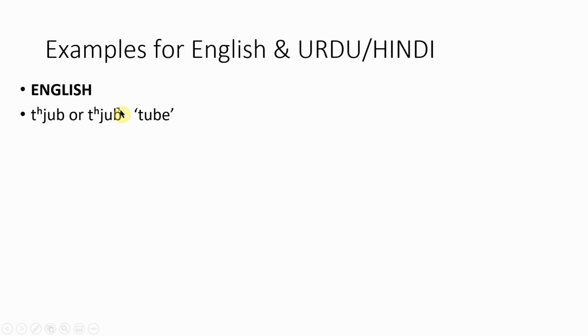This is the diacritic mark for unreleased, but you can produce it released as well. If it is audibly released, we will say tube. But on the other hand, if we say it unreleased, which is most of the times the case, it would be tube.